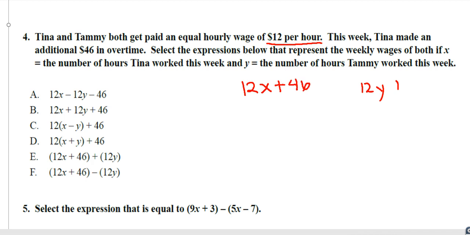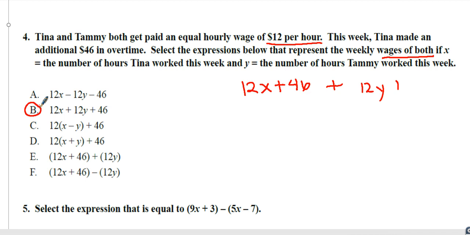So that's one way to look at it. And then we're looking for the wages of both. So wages of both is going to be a total, which means that you're adding them together. So 12X plus 46 plus 12Y. So that's one way to do it. And that's represented by choice B.